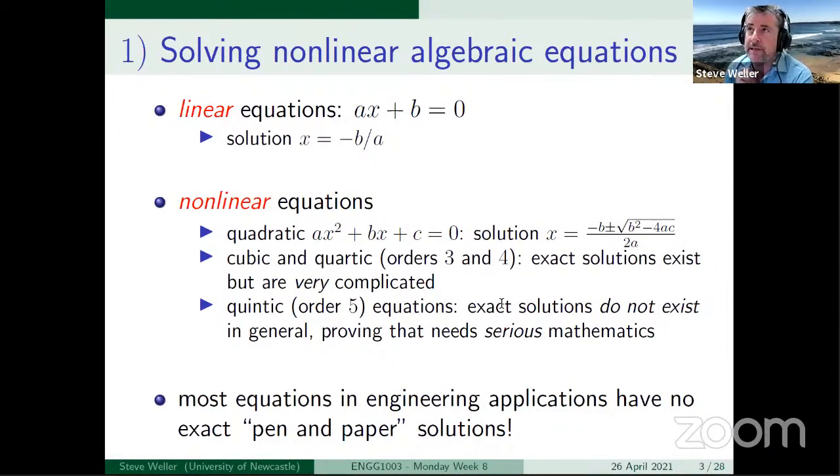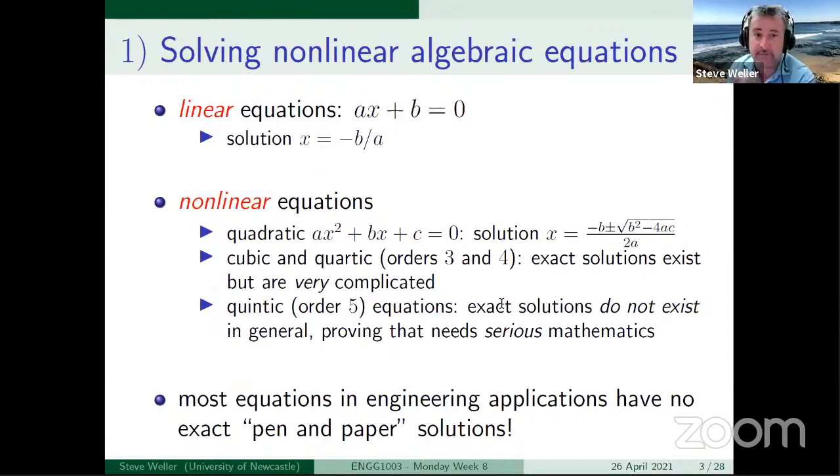They're useful in their own right, because many phenomena that are observed in engineering applications are linear or close to linear. And the nice thing about linear equations is that they can be solved exactly. So if I give you the equation of a straight line, ax plus b is equal to 0, I can ask you what the solution of that equation is. And the solution of the equation corresponds to the point at which the line intersects the x-axis.